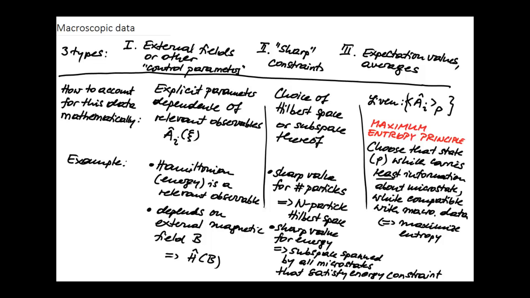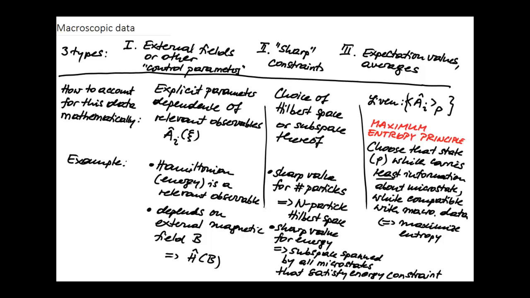Okay, so this is the fundamental principle. From here we can essentially construct and derive all of statistical mechanics. That's the basic idea. So you're given incomplete information in the form of this macroscopic data. You have to pick a state, a density matrix.